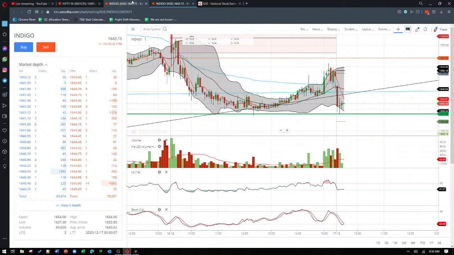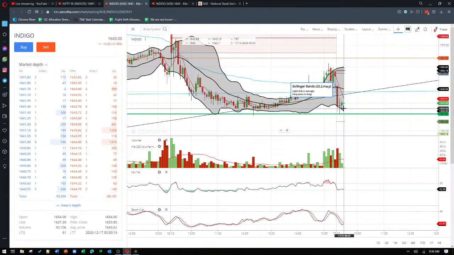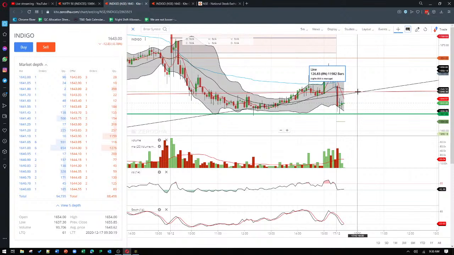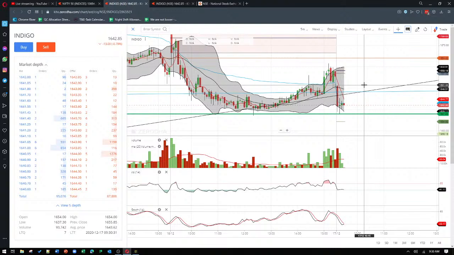So to avoid that, I'm trying to keep my stop loss very long. I'm not going to keep the stop loss as it is, but once I identify that it is not going to go opposite to my direction, then I will reverse the stop loss to the day high of the candle price.